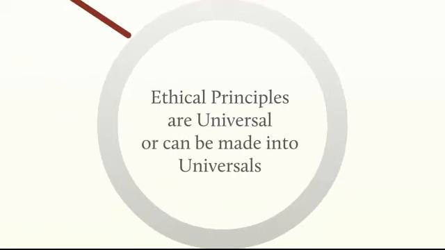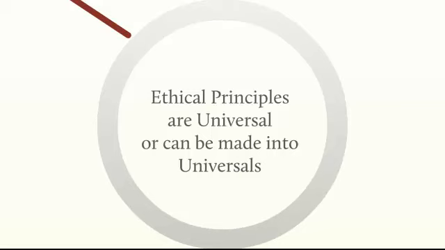We also assume that the principles are universal or can be made into universals. So in other words, it's not that when we think about an ethical issue, it is truly necessarily just for me. Again, that's the moral relativism. Instead, we want to say, for example, still going with the murder analogy, the value of a human life, we want to look at that as if it were made into a universal standard to be applied across the board to everyone on Earth.